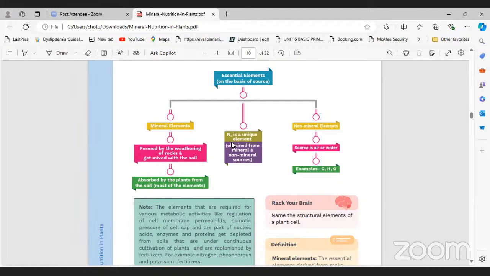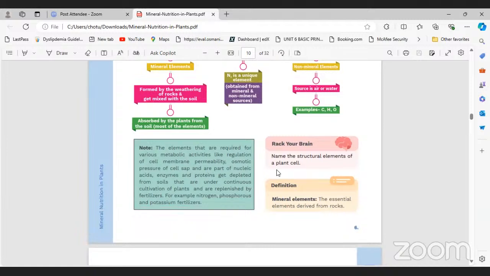Nitrogen is a unique element obtained from mineral and non-mineral sources. The non-mineral element source is air or water, for example carbon, hydrogen, and oxygen.